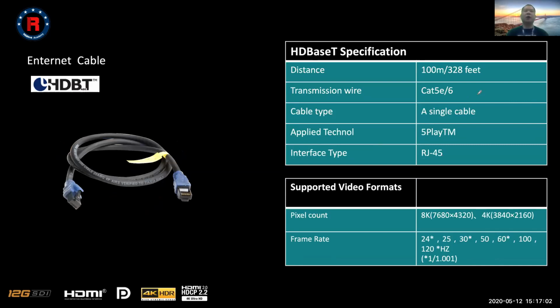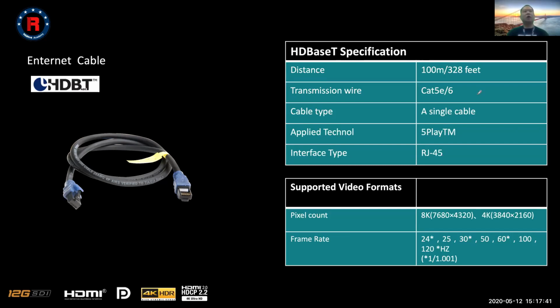For the Ethernet interface, we are quite familiar with it from everyday work: Cat5 cable, Cat6 cable, and HDBaseT. HDBaseT 1.0 is for Full HD transmission. HDBaseT 2.0 is for 4K 30, and HDBaseT 3.0, which is landing now, is 4K 60.